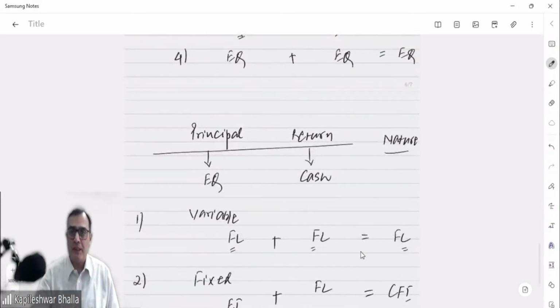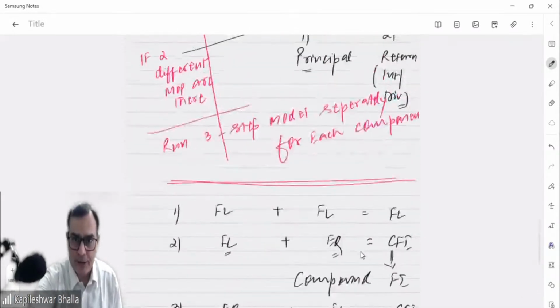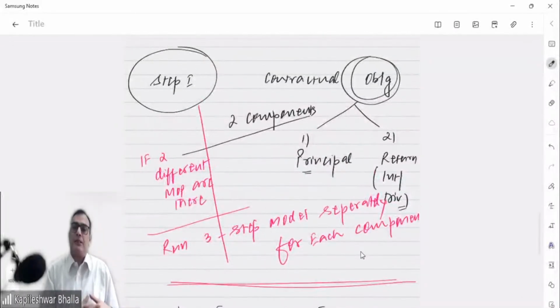In this particular case, what I have given you as a new addition to my three-step model is that when you look at an obligation in a question, there are two components of obligation, the principal component and the return component. If the company tells you that there are two different modes of payment for the two different components, you need to apply the three-step model component-wise.